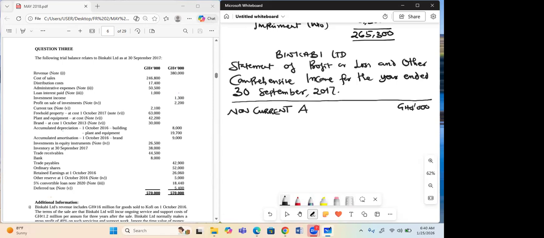Okay, so we haven't done our PPE schedule, right? No, we haven't. So we'll leave it and I want to finish with what you concluded. Oh, this statement of profit or loss. The hand is now moving faster than the brain.